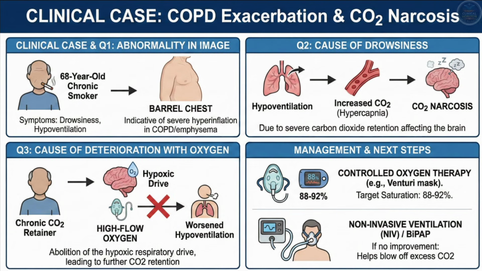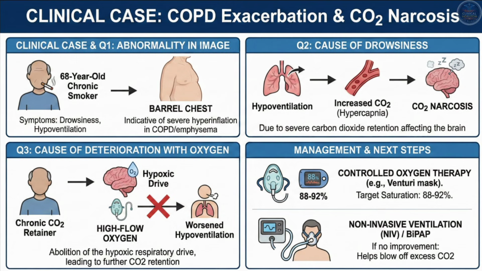Now the third question asks, what is the cause of his deterioration with oxygen therapy? This is the most important concept in this session. In a healthy person, a rise in CO2 is the main drive to breathe. But in a chronic CO2 retainer like this patient, the brain has gotten used to high CO2 levels.